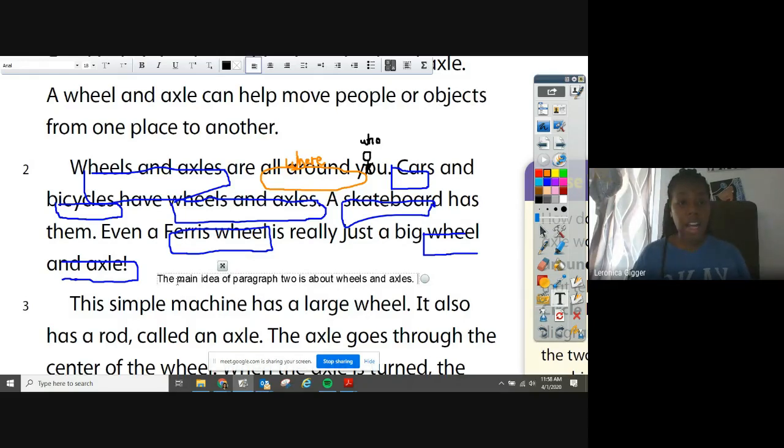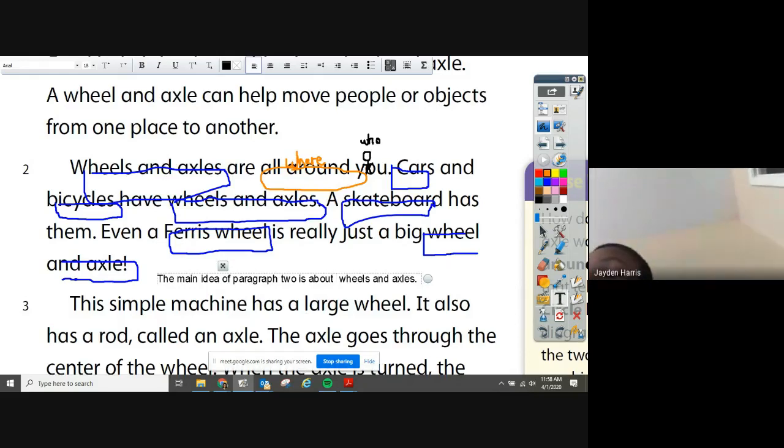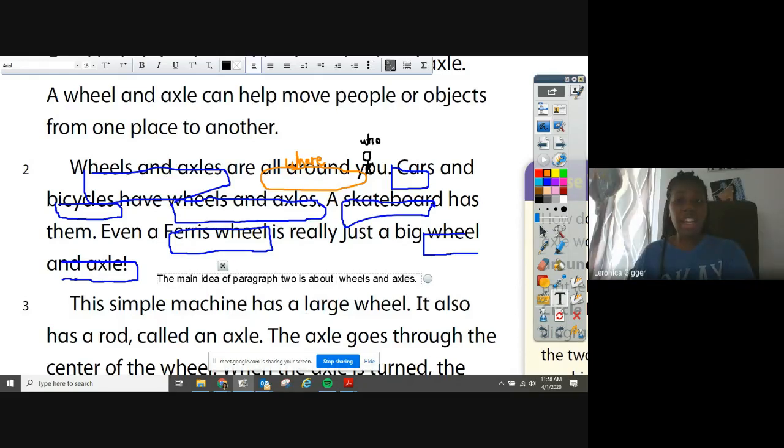So I can update my sentence. The main idea of paragraph 2 is about a simple machine. No, it's not about that, we don't see the words simple machine in paragraph 2. Wheels and axles. Right, but then they give us all of these. A bicycle is a wheel and axle, a Ferris wheel is a wheel and axle, a skateboard is a wheel and axle, a car is a wheel and axle.